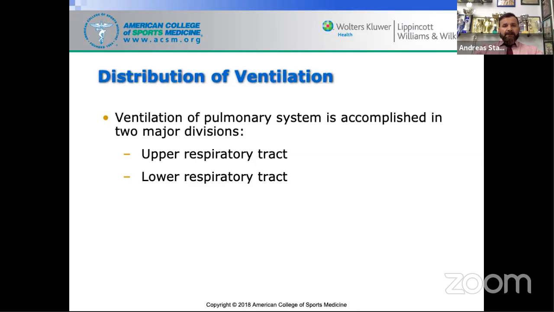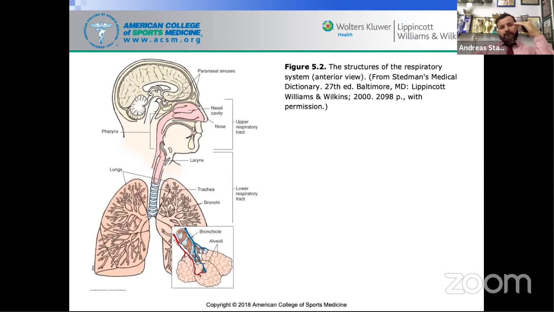If we want to separate it into upper and lower respiratory tract, the larynx is where we can just stop. Whatever is above that, including the larynx, is the upper, and below that is the lower. You can see it can go all the way down to the alveoli. We have almost 300 million alveoli in our lungs, and those are important because, as I said before about capillaries, the alveoli is where the magic happens when it comes to air.